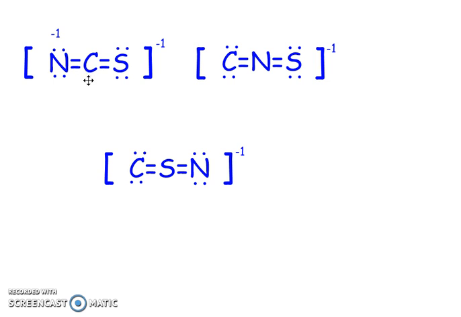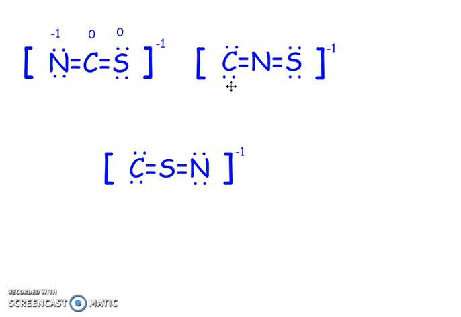The carbon has no non-bonding electrons and 4 bonds, so 4 minus 4 gives me 0. Sulfur has 6 valence electrons, minus 4 for the non-bonding, minus 2 for the bonds, gives me a formal charge of 0. So not everything is 0, but I know that it overall has to have a charge.